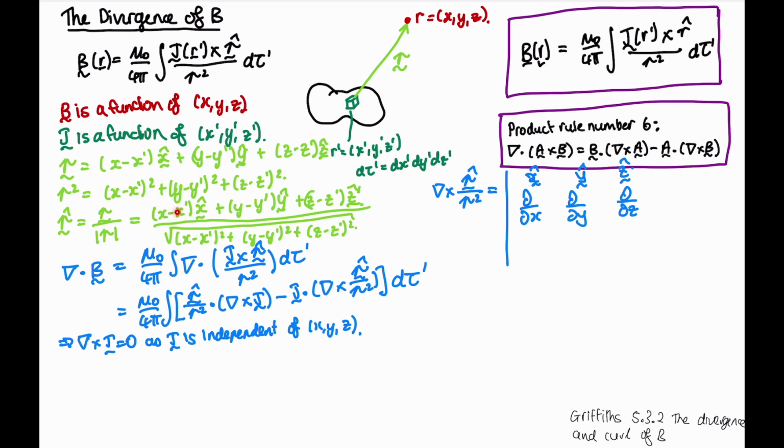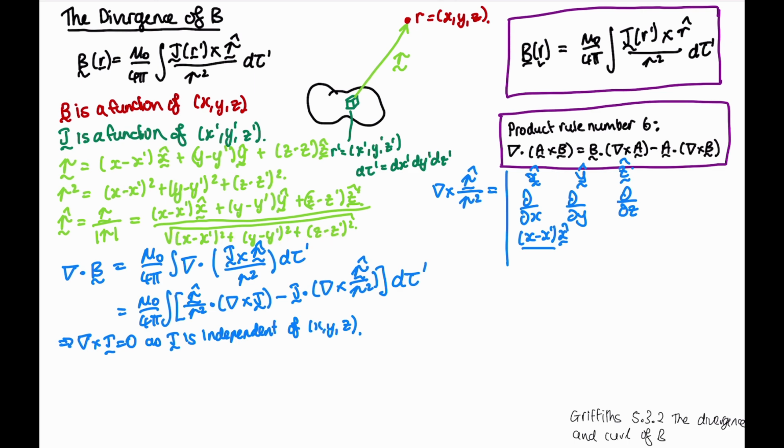So this whole thing is going to be equal to x minus x prime in the x direction, and then it'll be divided by, on the bottom, we've got this times this.